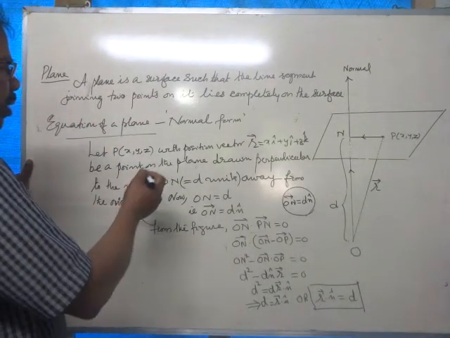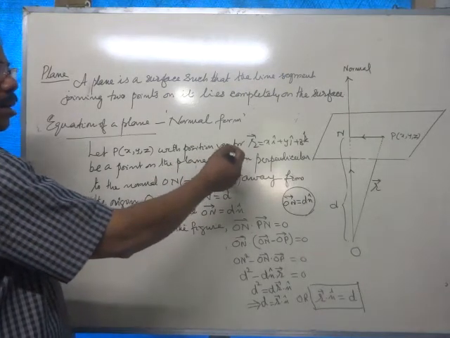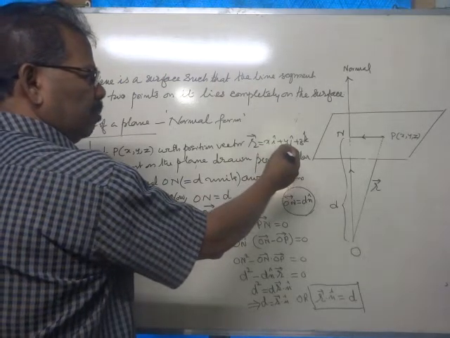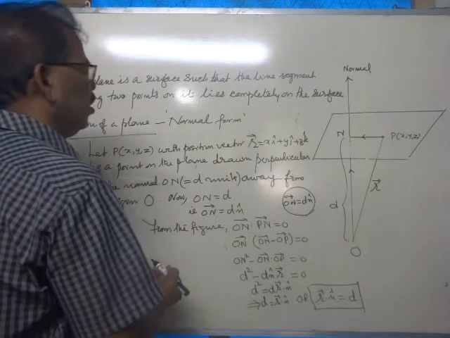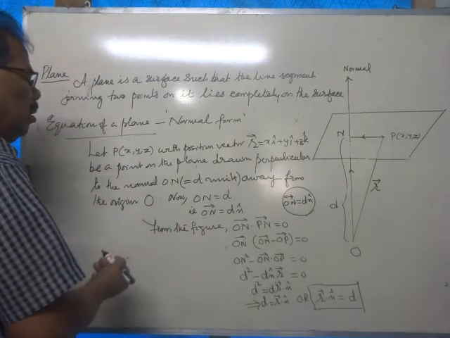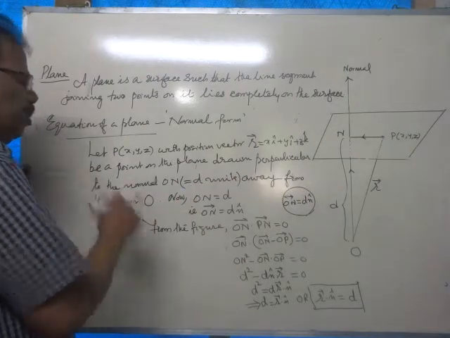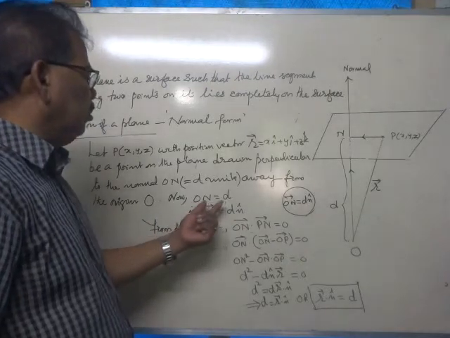Let P(x, y, z) with the position vector r equals xi plus yj plus zk be a point on the plane drawn perpendicular to the normal ON, which is d units away from the origin O. Now distance ON is equal to d.